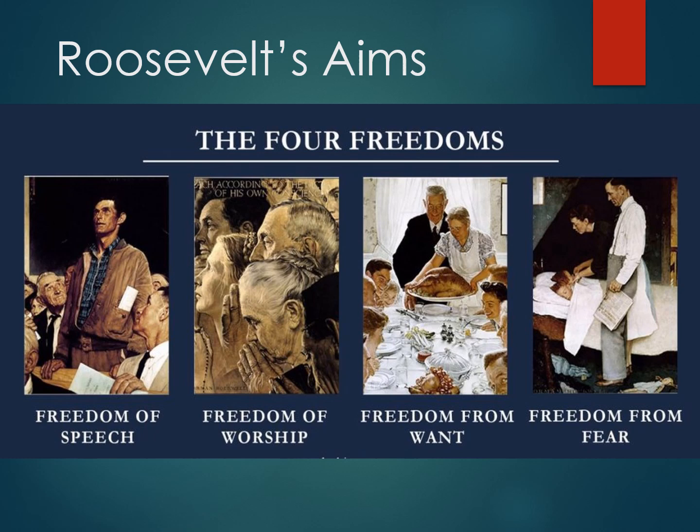So these four freedoms would really inform his vision of what the world should look like after World War II. And they would also become the basis of the United Nations Declaration of Human Rights that would be made after the formation of the UN.